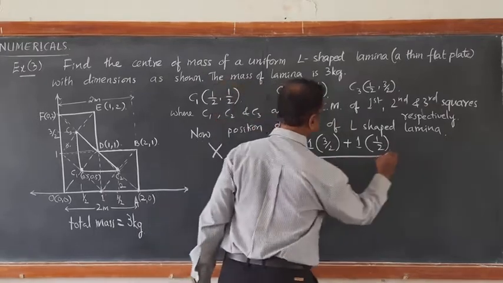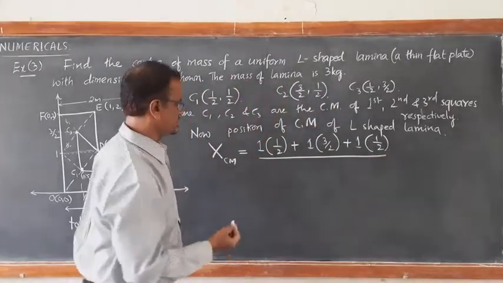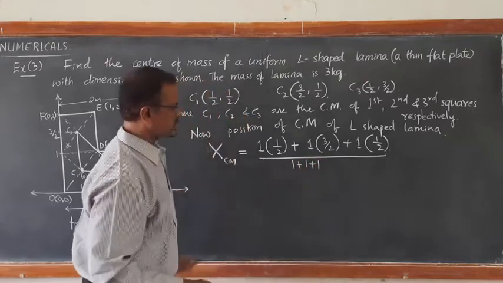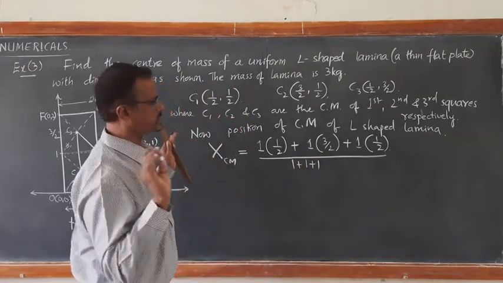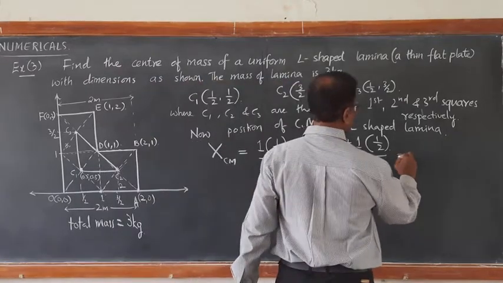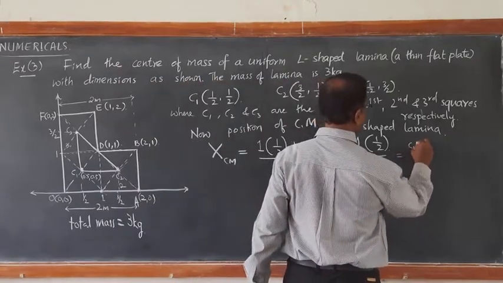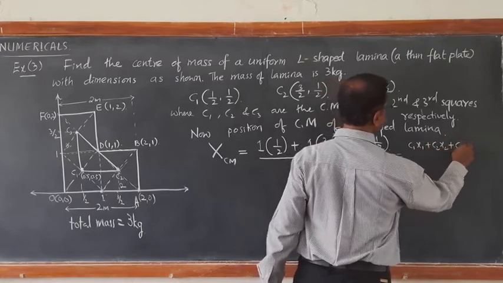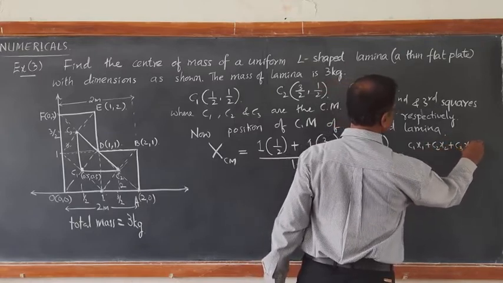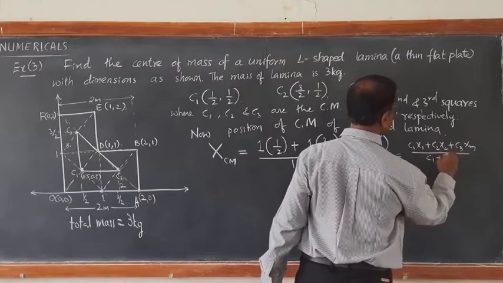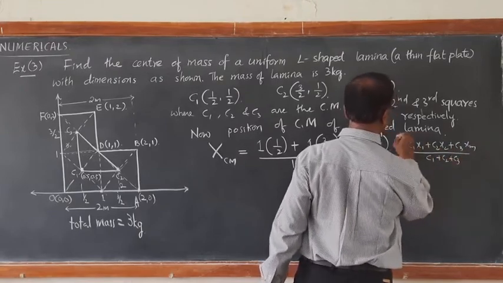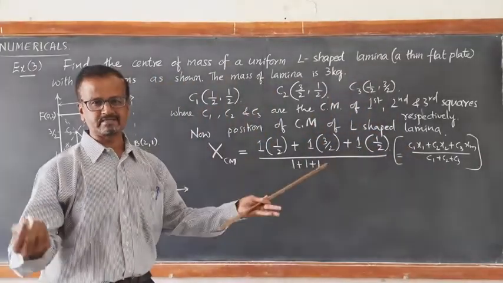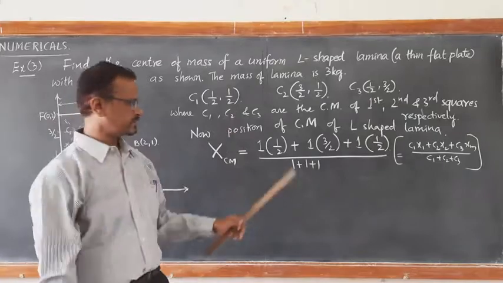Whole divided by the sum of the masses, 1 plus 1 plus 1. So again we have used the same equation. What is that equation? C1 x1 plus C2 x2 plus C3 x3 divided by C1 plus C2 plus C3. That's it. Where C1, C2, C3 represent the masses of each square, right?